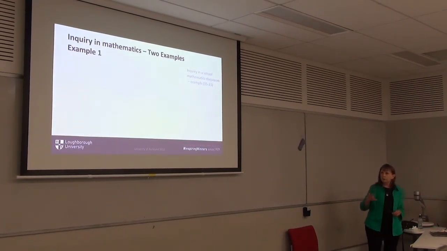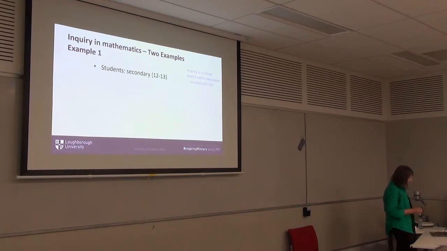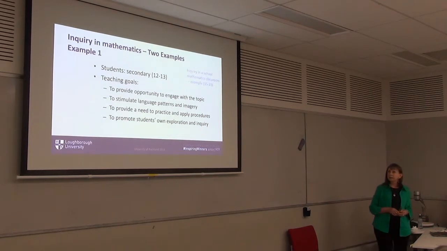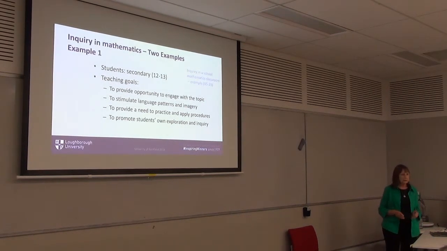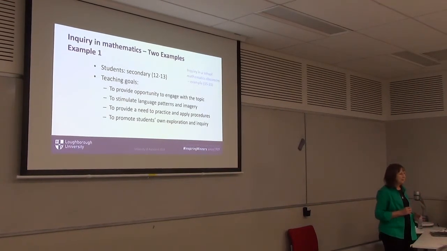So, we're at the first layer, the central layer, inquiry in mathematics, and I've got two examples. The first example is about students in secondary education and a number of teaching goals. These are the goals of the teacher: to provide opportunity to engage with the topic, stimulate language patterns and imagery, to provide a need to practice and apply procedures, and to promote students' own exploration and inquiry.